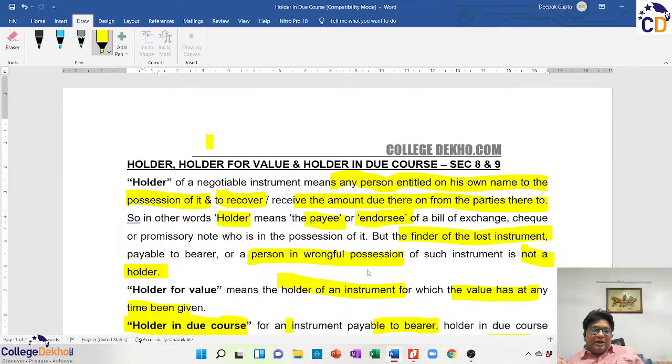And therefore, whenever in practical life there is a case or chance of dishonor of cheques, so cheques are a kind of negotiable instrument. They are a special kind of bill of exchange, and if there is any dishonor on account of non-payment or due to insufficient balance in the books of accounts in the bank, then we have to just prove in the court of law that you are the holder in due course. And if that is the case, then the payer who has defaulted is severally liable for the damages, and there can also be a chance of imprisonment.